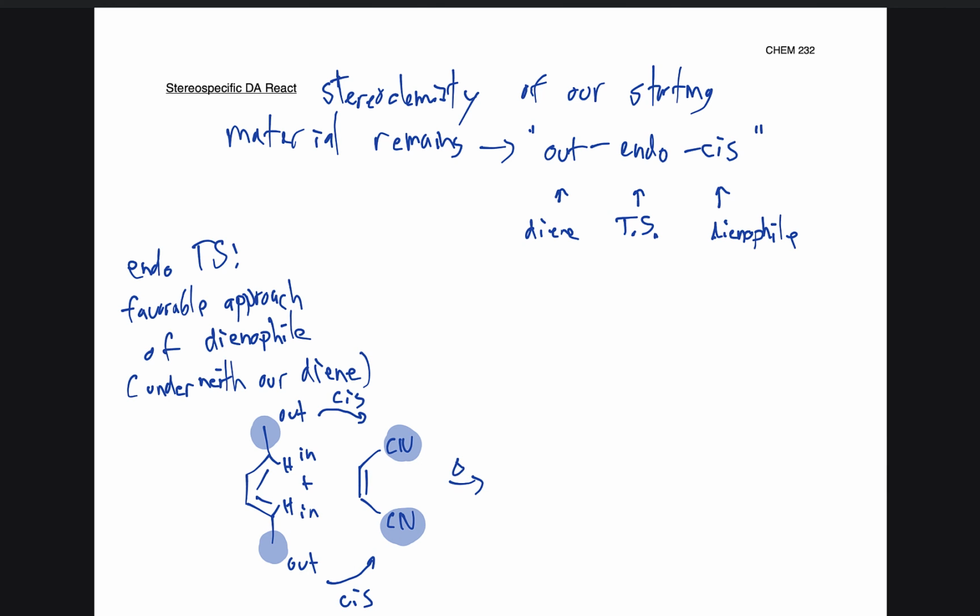So we have our reaction arrow, we're drawing in our cyclohexane, right? We're always going to be seeing this take place here. And so we have our methyl groups on wedges, which will always be the case on these out groups. And our cyano groups are also on wedges.